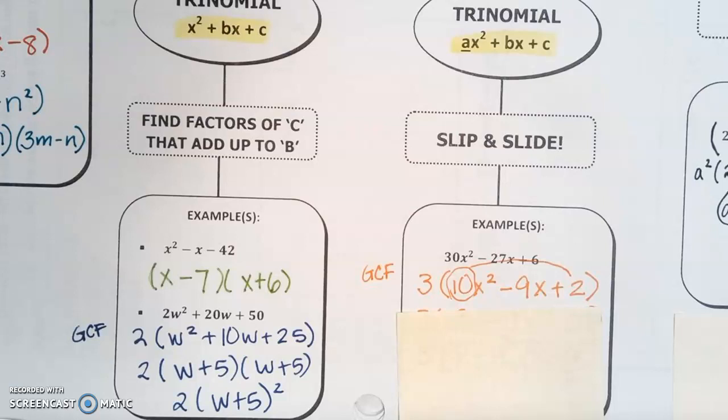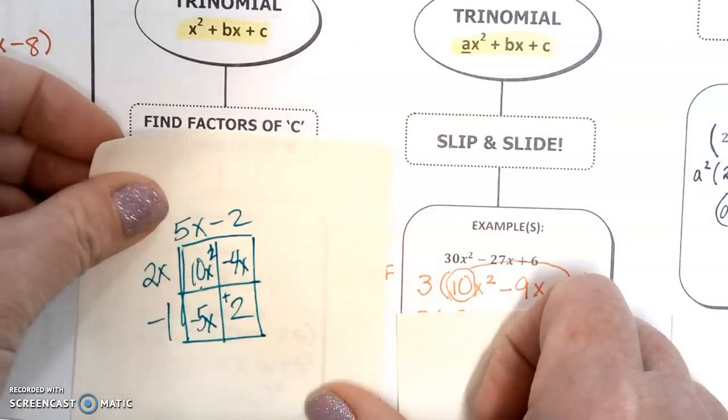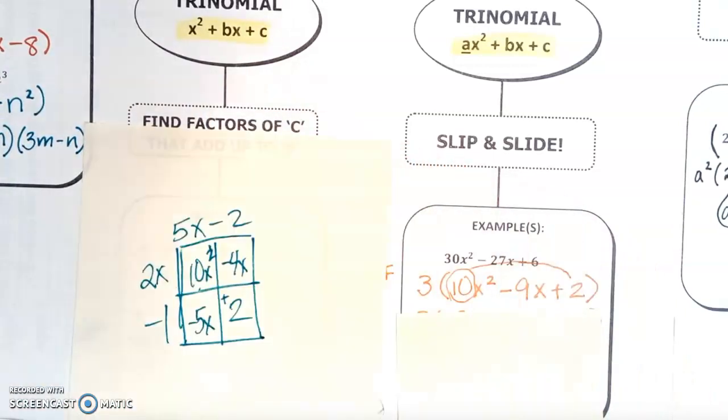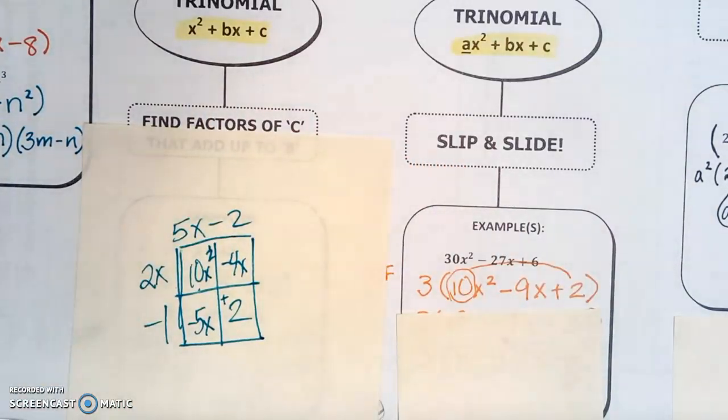That's the part of the slip and slide trick, which I'm going to show you second. First, I'm going to show you the box. So right here is your box, right? You've got your 10x squared, your plus 2.